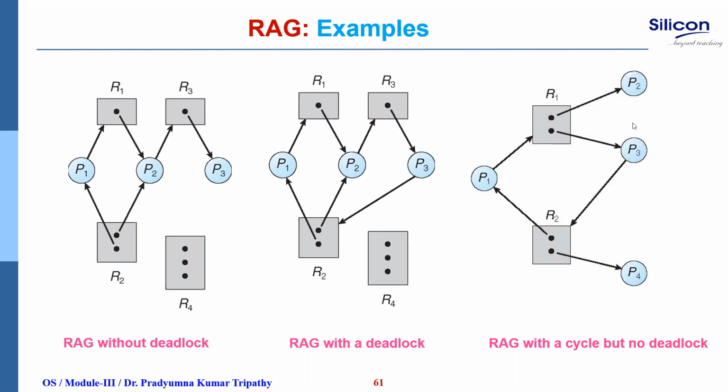Although it is a cycle, one instance of R1 is given to P2. So P2 is not waiting for other resources. As P2 is not waiting for other resources, P2 will definitely finish. When P2 finishes, it will return this resource.